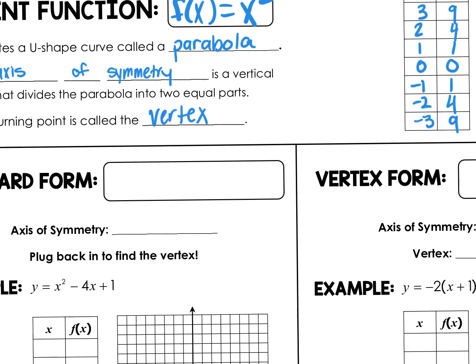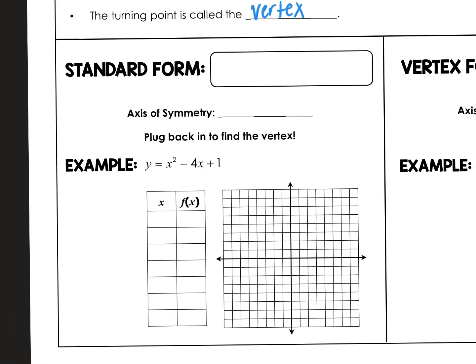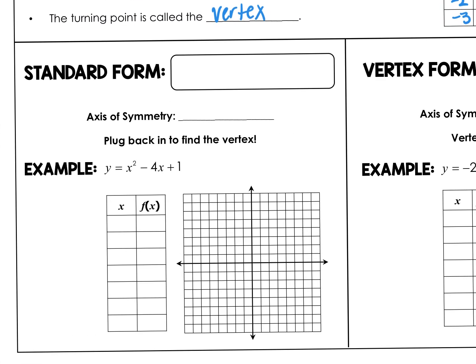So, standard form is ax squared plus bx plus c. Where the axis of symmetry, how did we find that? Negative b over 2a. Good. That's how we found the x part of our vertex, right?